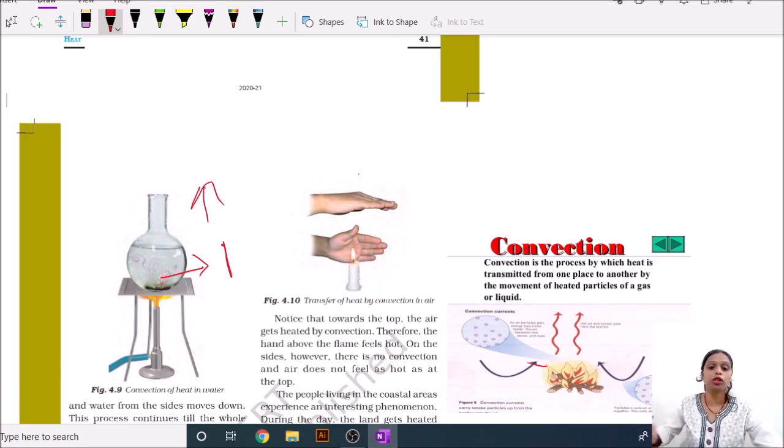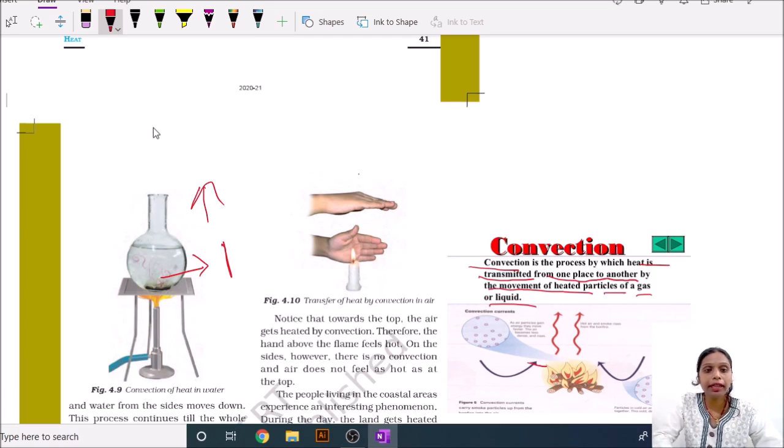This process is called convection. What is convection? Convection is a process by which heat is transmitted from one place to another by the movement of particles of a gas or liquid.